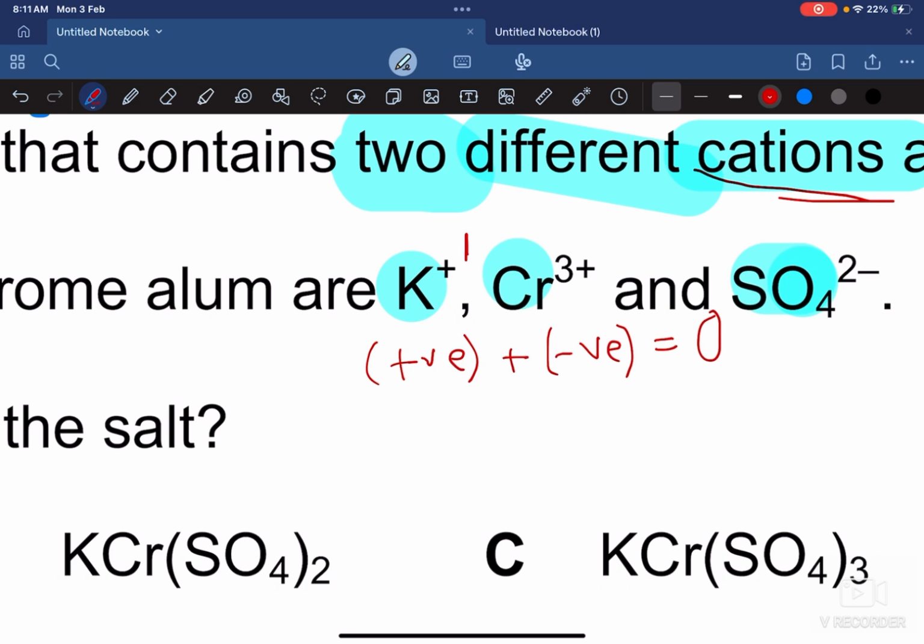Now that is potassium, which is a +1. And we have chromium, that's 3 positive.